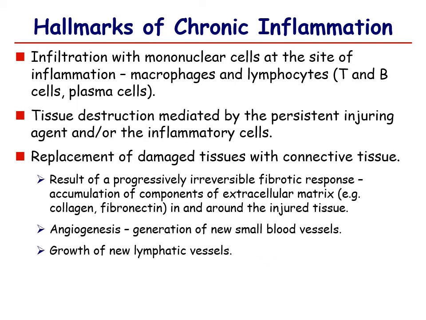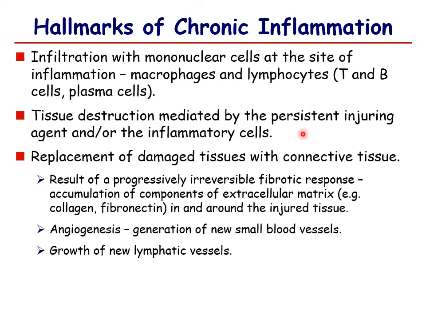Now, chronic inflammation is characterized by three main characteristics. First, infiltration with mononuclear cells at the site of inflammation. These mononuclear cells are macrophages and lymphocytes, both T and B lymphocytes, as well as plasma cells, instead of neutrophils and monocytes as in acute inflammation.